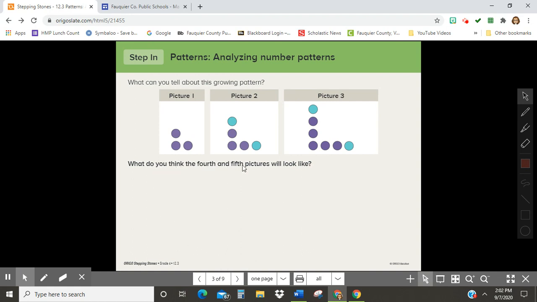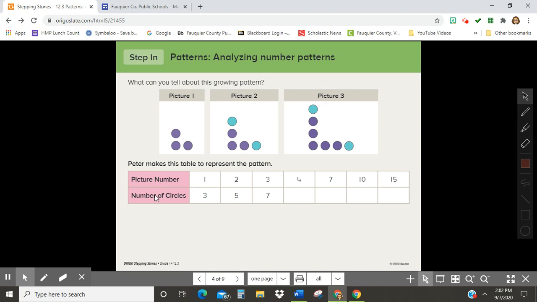What do you think the 4th and 5th pictures will look like? Peter makes this table to represent the pattern. So in picture 1, there's 3 dots. In picture 2, there's 5 dots. In picture 3, there's 7 dots, but there's a pattern. What do you think picture 4 is going to be? Well, we've got to figure the pattern out.